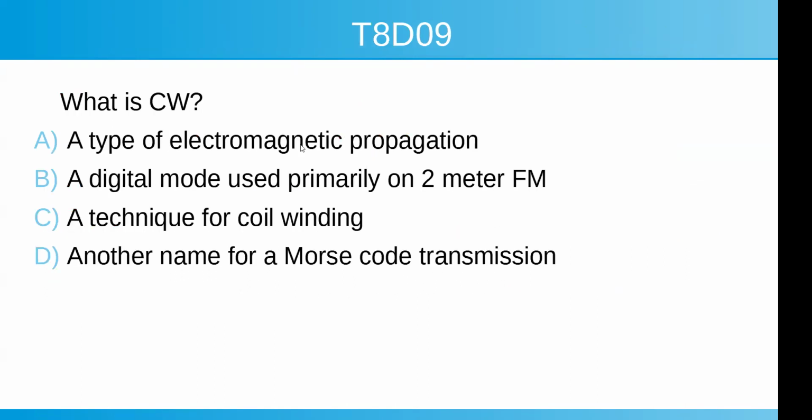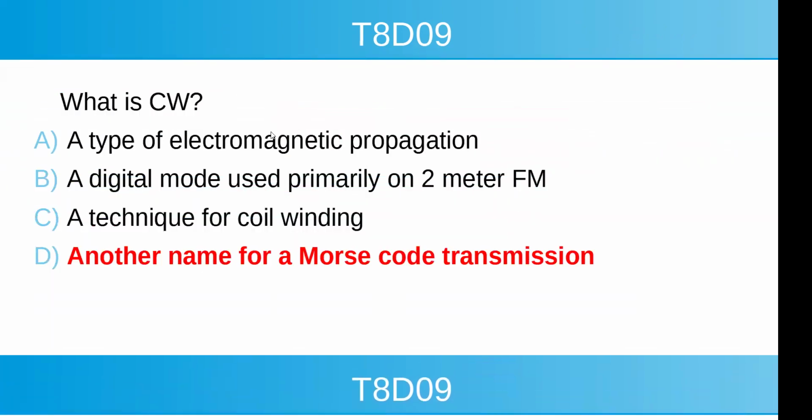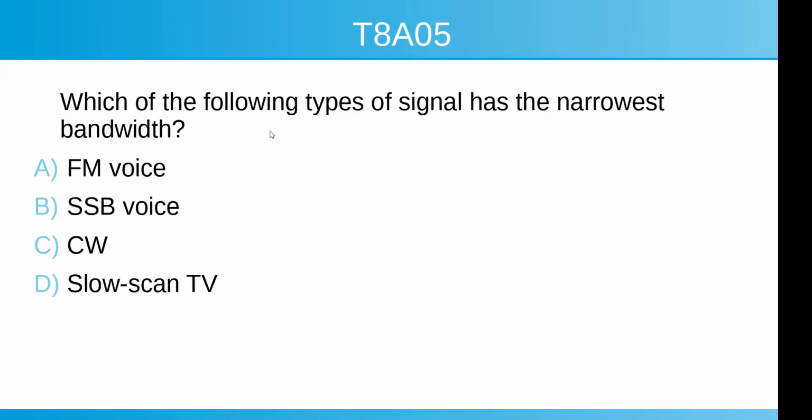So what is CW? Delta. Very good. Which of the following types of signal has the narrowest bandwidth?